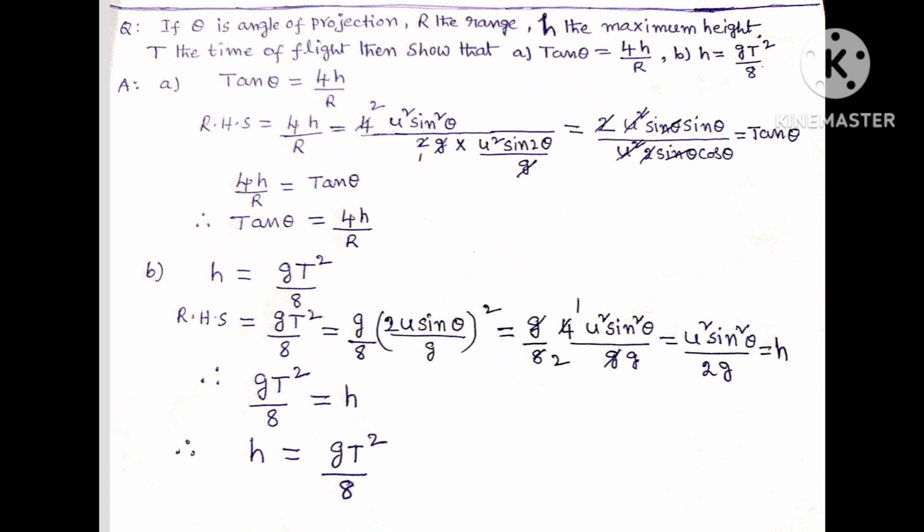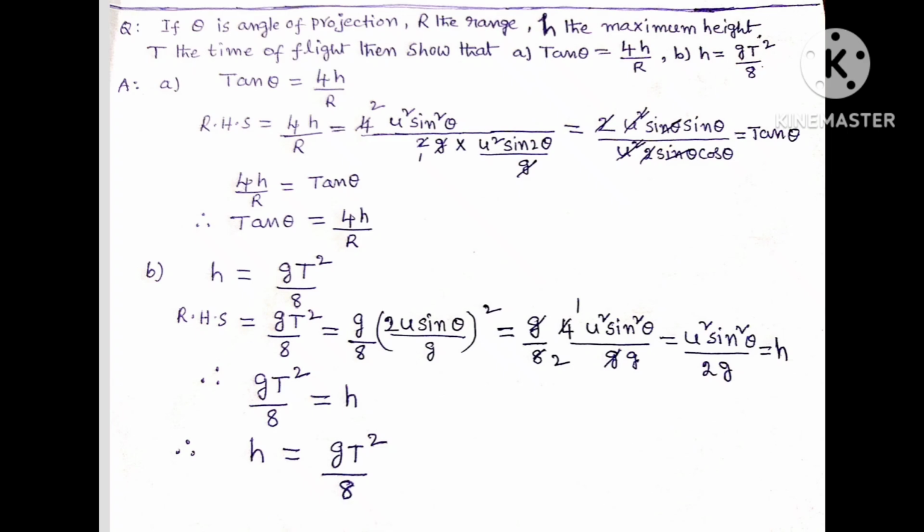Next, the second one, to prove H equal to gT square by 8, first we take RHS equal to gT square by 8, that is g by 8 into (2u sin theta by g) whole square.